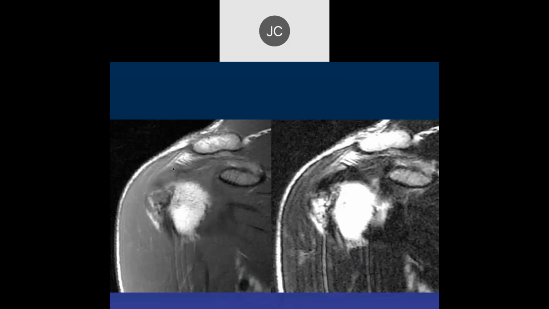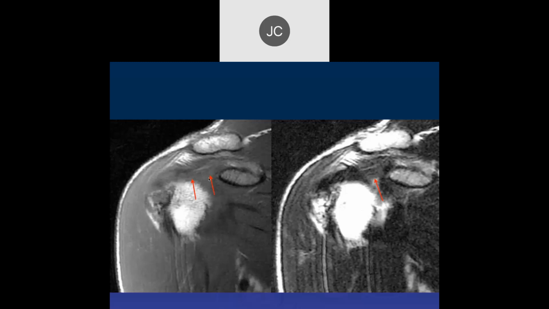Okay, so here, on the left image, I'm looking at the biceps in the bicipital groove. Notice this is the proximal biceps.